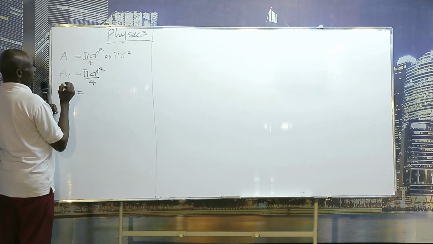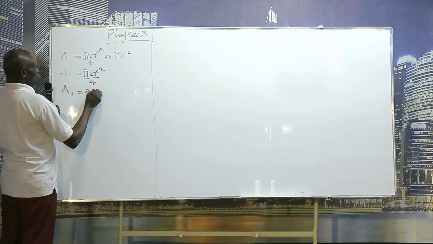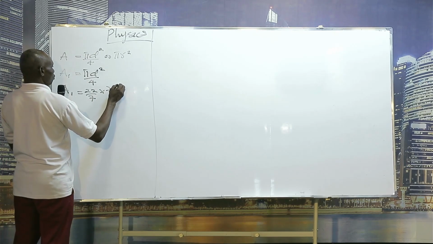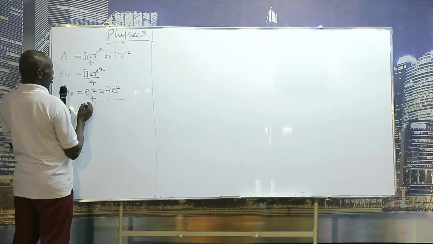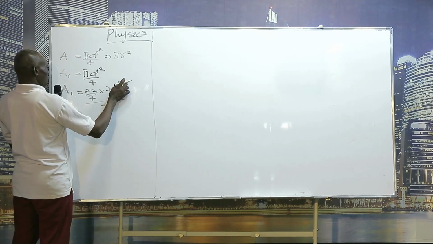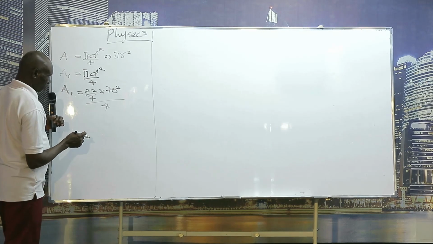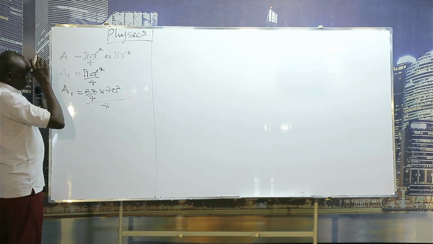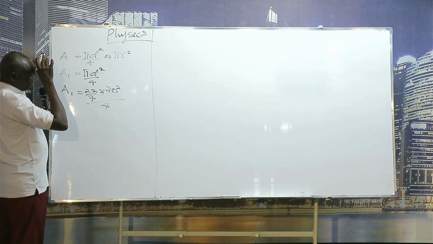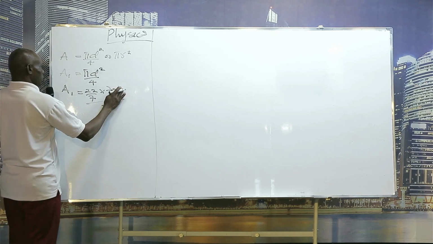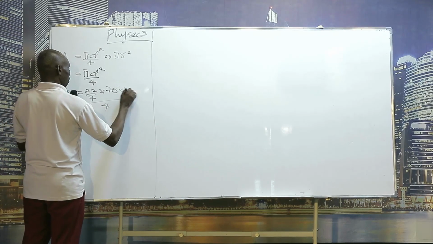This A1 now can be 22 over 7 times 70 squared, all divided by 4. Now, 70 squared is what? 4,900. Or you can just do it 70 times 70.